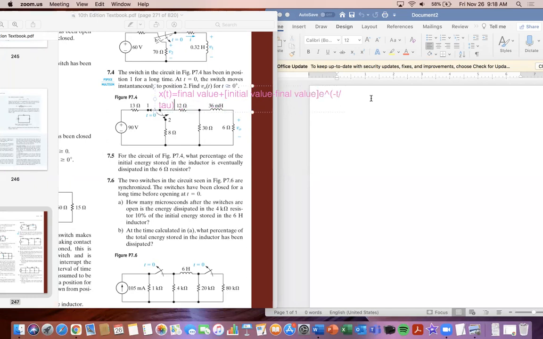That should be going through your mind as well when it says write an equation for when t is greater than or equal to 0 and it gives you no value determined for t. You should be like, I'm going to have to write an equation, so I have to find the formula for it. And so we need to find the final value and the initial value here.